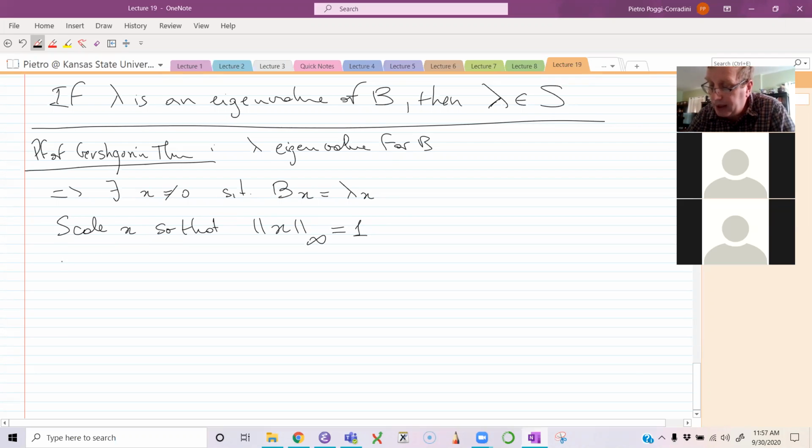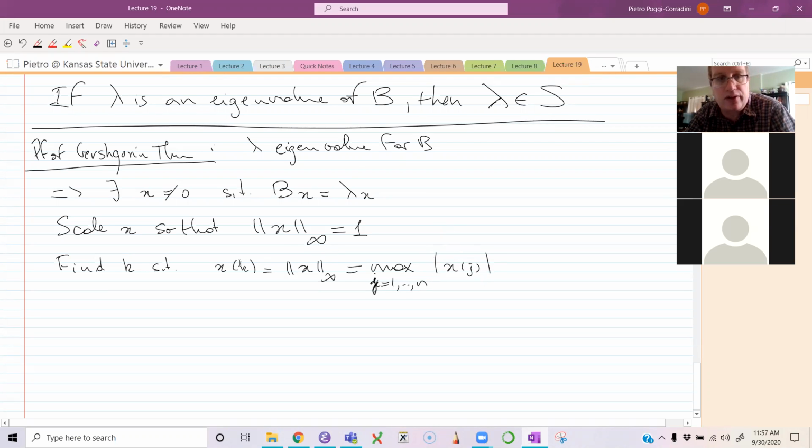And then we can find the entry k such that x of k is equal to this maximum, the maximum over j from 1 to n of the absolute value of xj. Now, it could be that the maximum is attained at an entry that's negative, because we have the absolute values here.